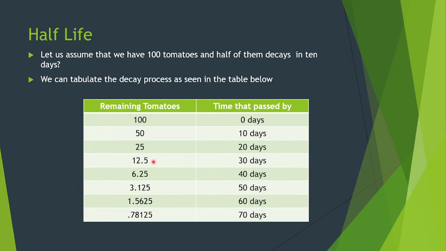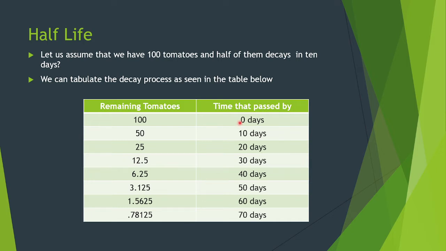After 30 days, you have 12.5 tomatoes left. After 40 days, you have 6.25 tomatoes left. After 50 days, you only have 3 tomatoes. After 60 days, you have 1.5 tomatoes, and after 70 days, you only have less than 1 tomato left. This is the decay process.